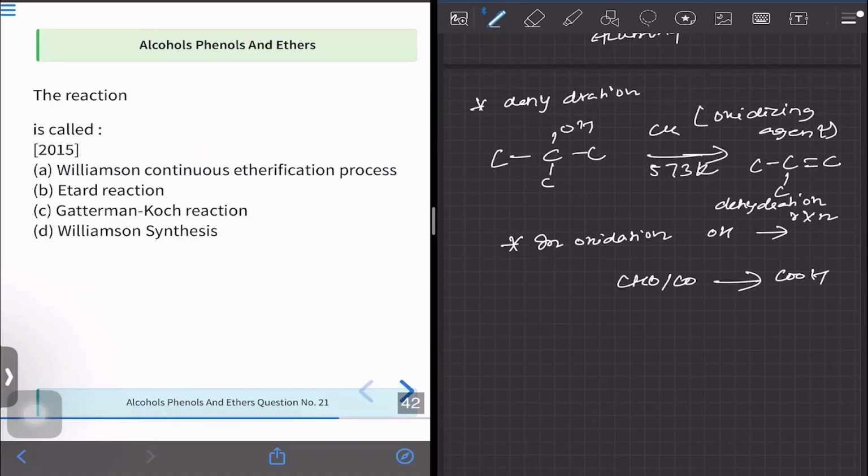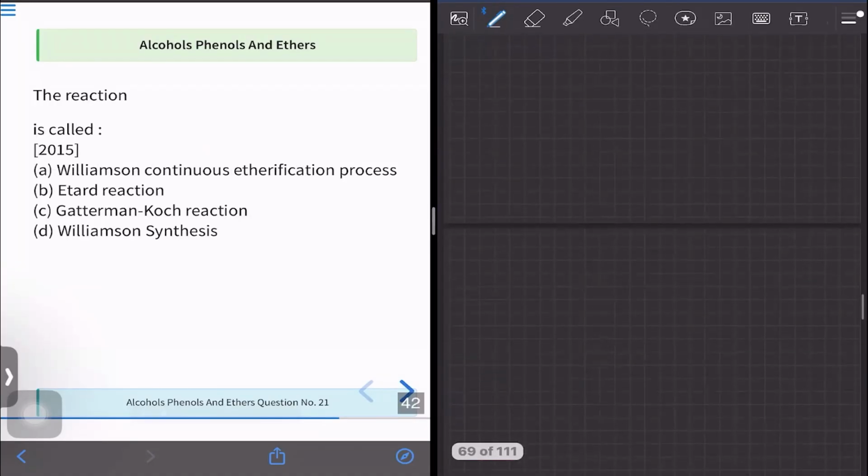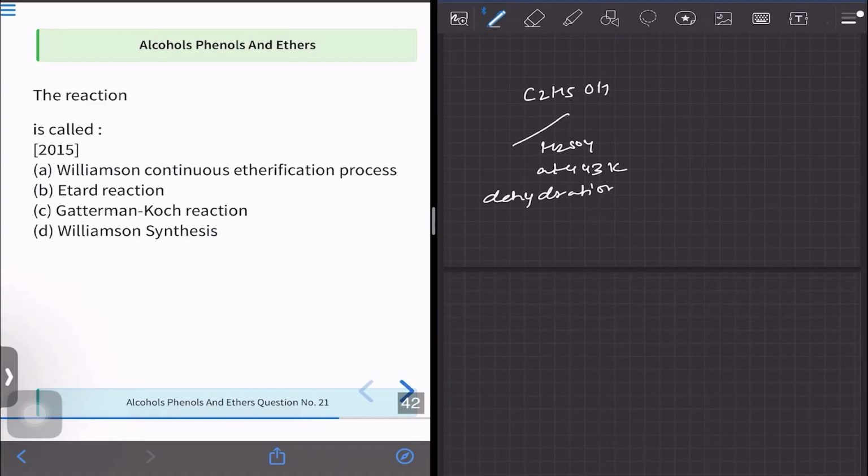Next question. What is Williamson's continuous etherification reaction? We all know that when alcohol reacts with H2SO4 at 443 Kelvin, it undergoes a dehydration reaction to produce C2H4 plus H2O.